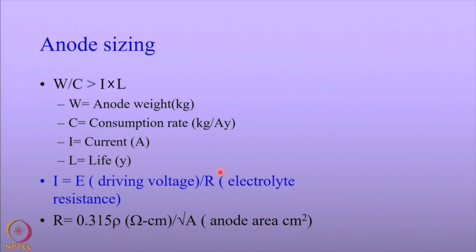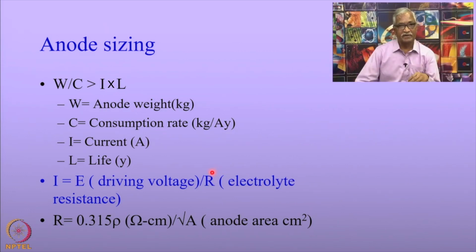Sizing of the anodes is very important when you talk about use of the sacrificial anodes. The anode weight, what is the weight required for cathodic protection, is calculated based on these equations.